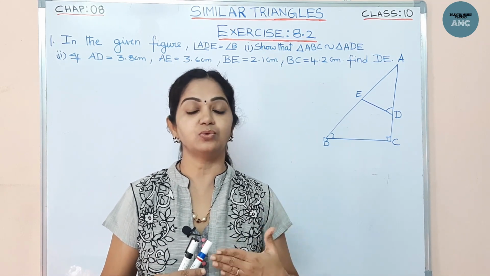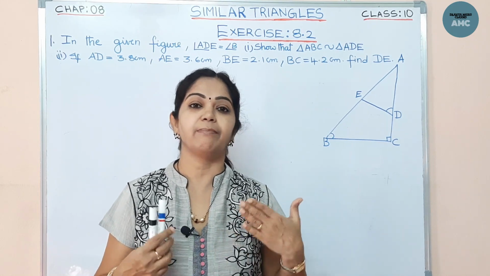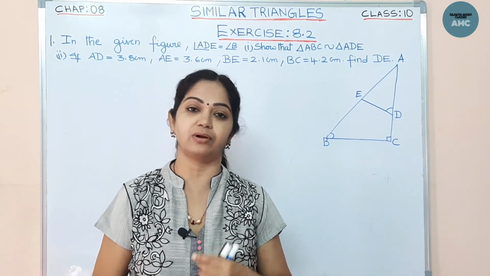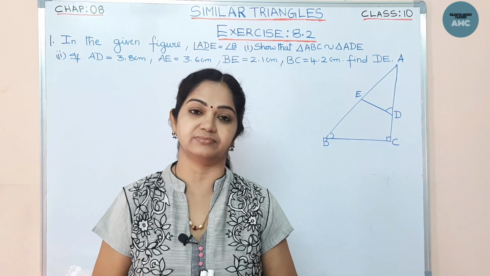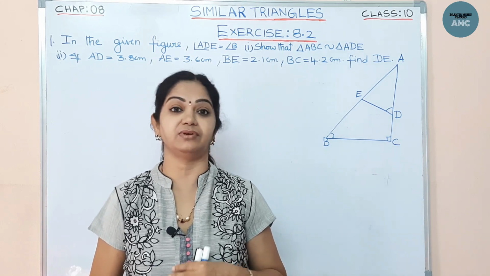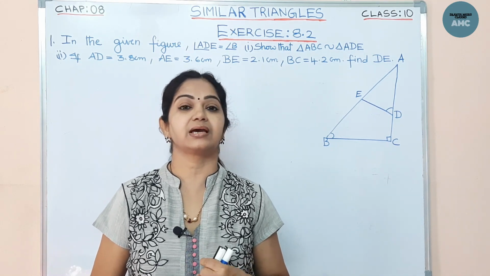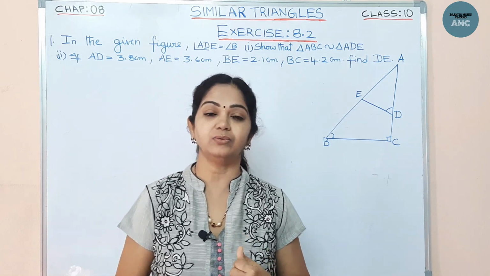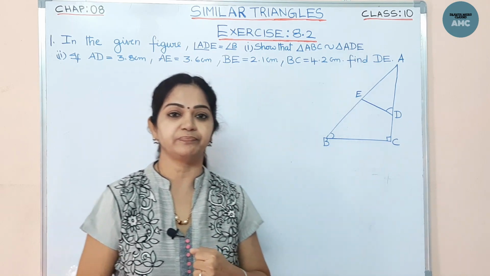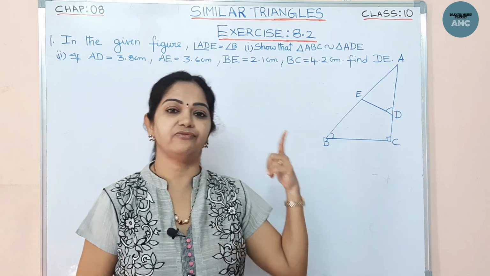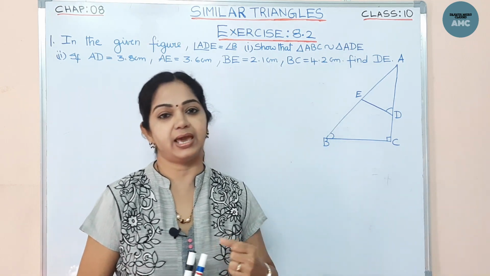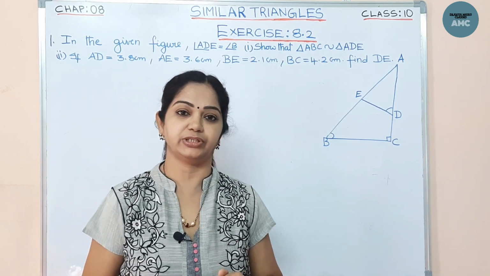Then in part 2 we discussed the basic proportionality theorem and the converse of the basic proportionality theorem, and in part 3 we discussed exercise 8.1. Now this is part 4 of similar triangles, wherein we are going to do the exercise problems of 8.2.